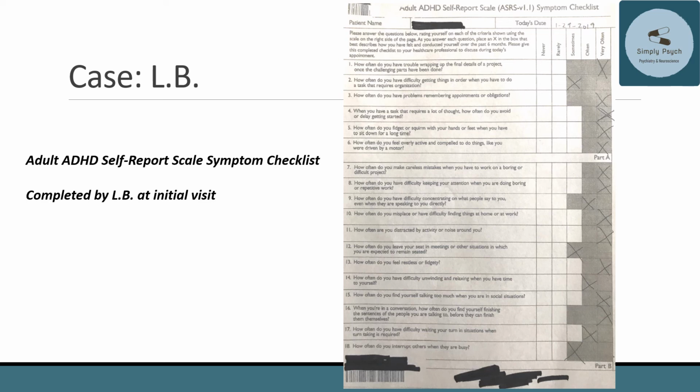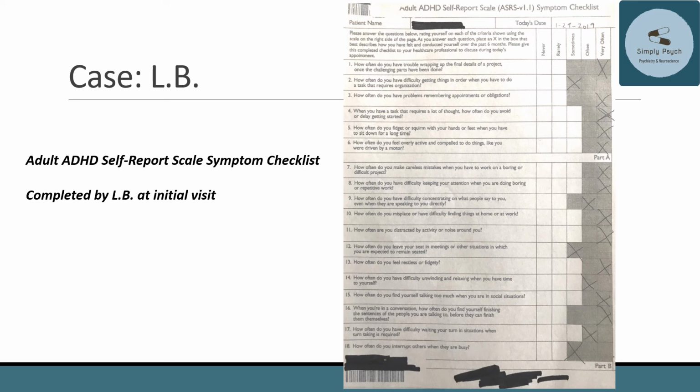This is not used to make a diagnosis. This is really a screening tool, a way to see if there are inattentive, impulsivity, hyperactivity type symptoms going on that could suggest a diagnosis of ADHD, but this is not a formal diagnostic test.